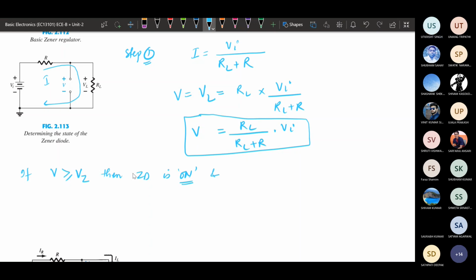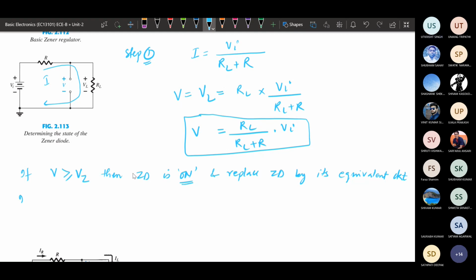If this is the condition, we need to replace the Zener diode by its equivalent circuit.